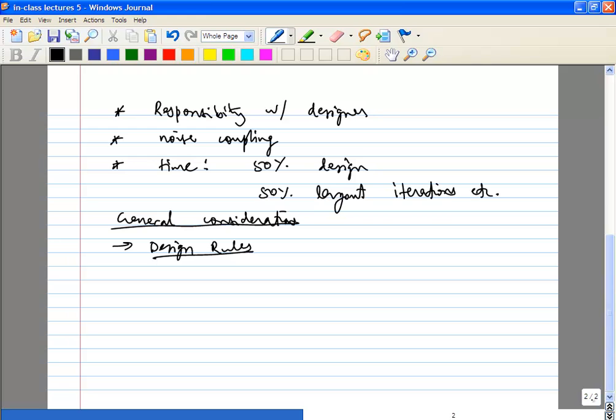Okay, so he cannot tell you, obviously, if you place it super close to two metal lines, he cannot guarantee that those two lines will not touch once the chip is fabricated. So he'll give you a minimum spacing between the two, or he might give you a minimum enclosure around the via. So if you're connecting two metal lines, he'll tell you the enclosure around the via should be so much, because otherwise the via may not be connected to the metal properly. Okay, so those are all things which will come under design rules.